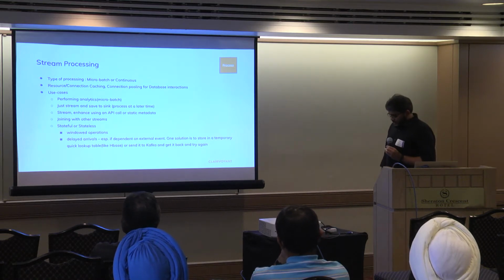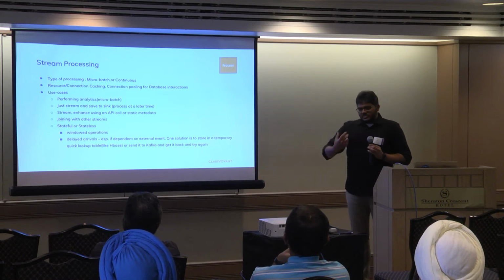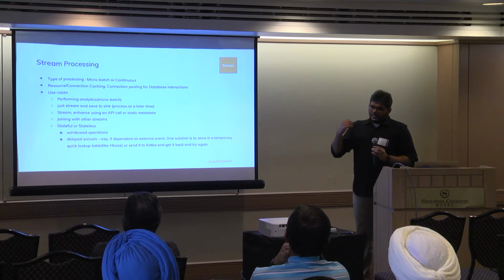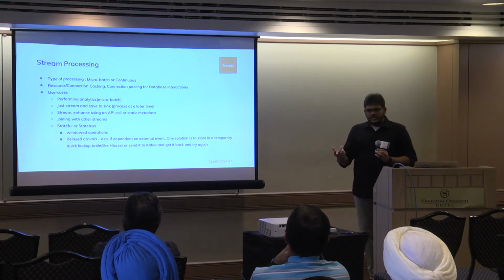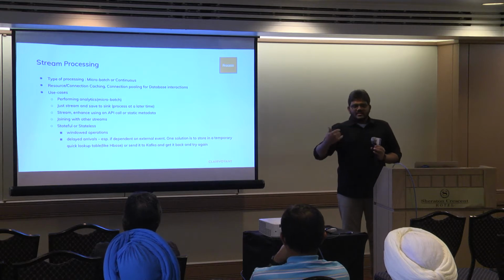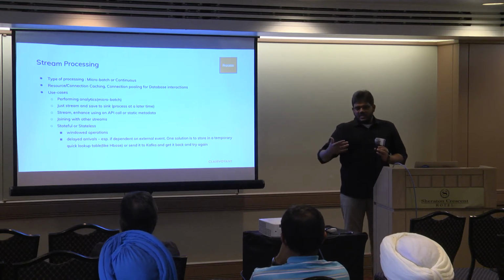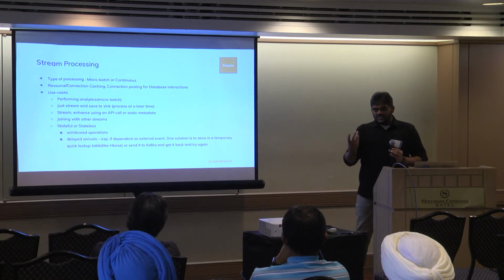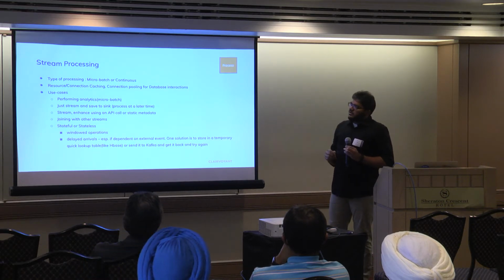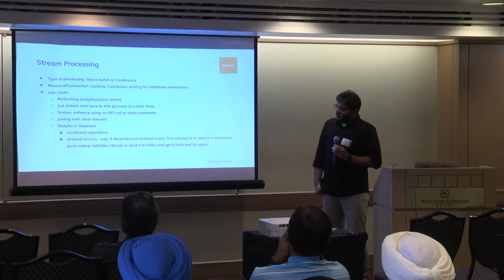Most of the time, you have a streaming job and you want to join it with some static metadata, right? At that phase, you also need to define how frequently that cache is refreshed, how to keep it updated, and how much you can actually store, right? Those things will be defined based on whether it is micro batch or continuous.